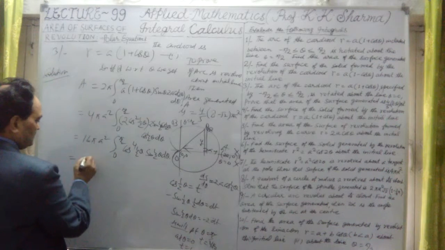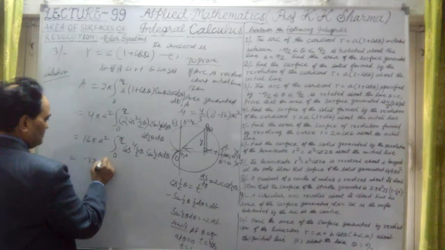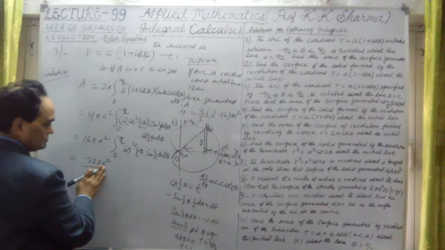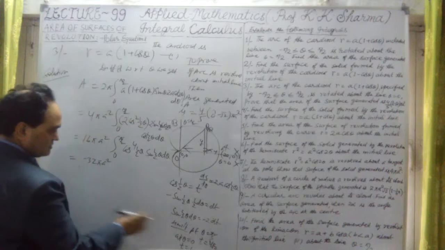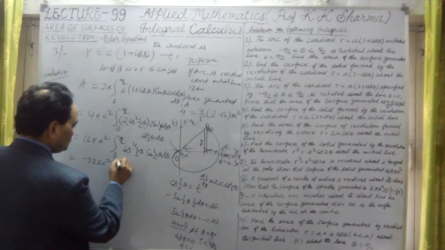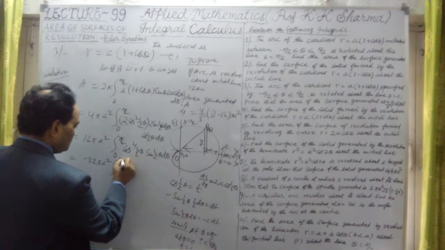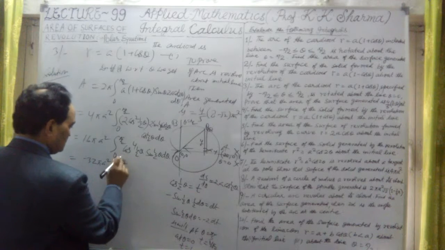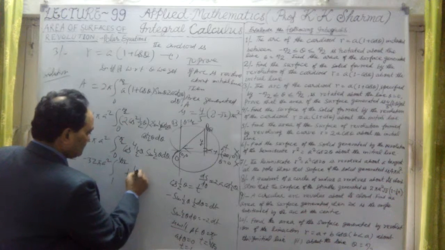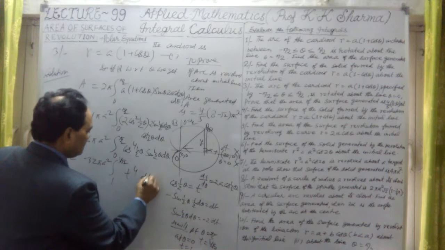So 2 will again come, with minus 32 pi a square, not to divide by anything. Now 2 I have taken outside. So this is 1 to 1 upon root 2, 1 to 1 by root 2 limits. So this is t raised to power 4 into dt. Negative sign.